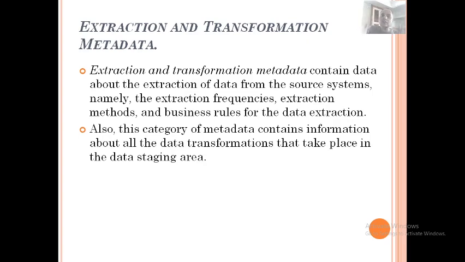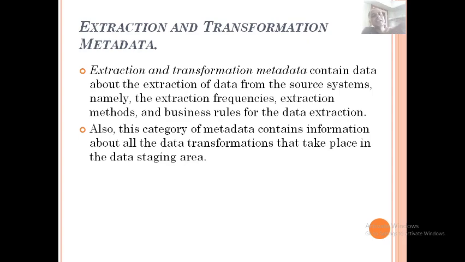Extraction and transformation metadata contains data about the extraction of data from the source systems, namely extraction frequencies, like how many times it can be extracted, which method we need to use to extract, and what the business rules for data extraction are. Business rules mean whether this data is transferable or not, whether this description is exposable or not. Some things should be kept hidden. Those are the business rules.